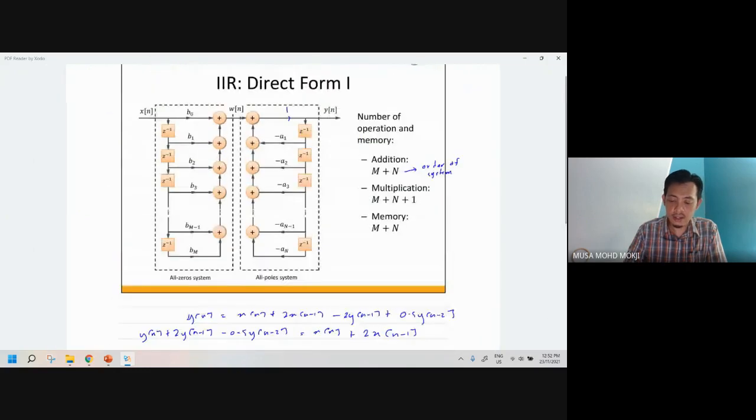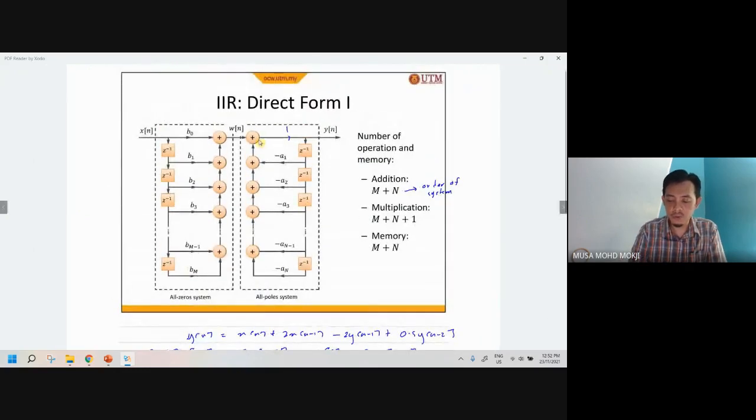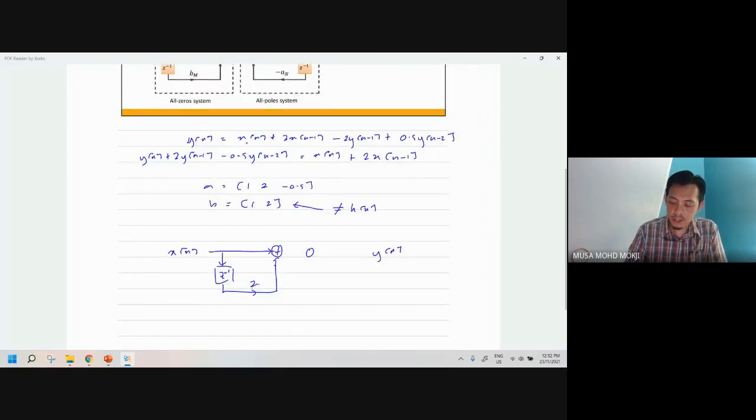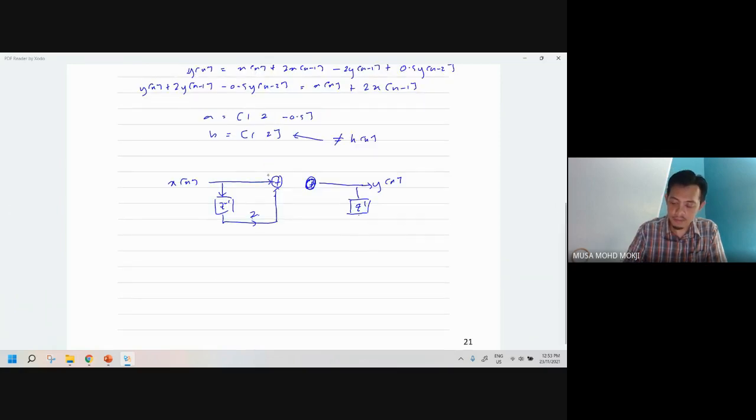So if we look at this diagram, now you need to do a reverse arrow and a plus here. So you have a plus, make it a little bigger so that it goes to y. And then you have z minus 1, but you have a 1. This is 1 delay. So this is 2 delay. Another z minus 1.